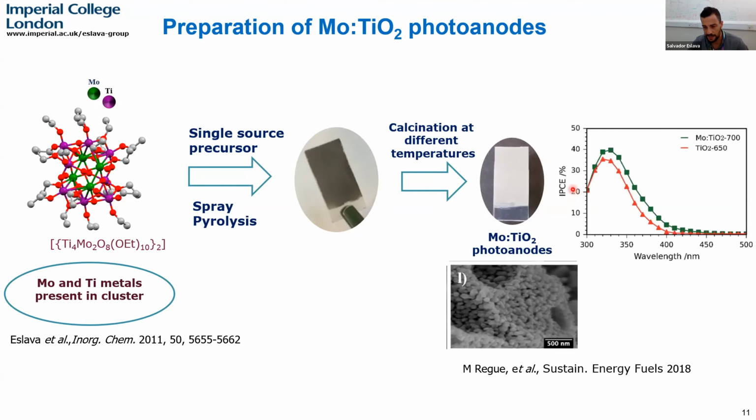And when we measure the IPCE, we can see that compared to titania, we are shifting the efficiencies to higher wavelengths. So this shows that we have narrowed down the band gap. The problem is that these clusters don't expose the 010 facet, so we didn't achieve efficiencies close to 100%. But still, we observed an interesting shift of the bandgap to larger wavelengths.